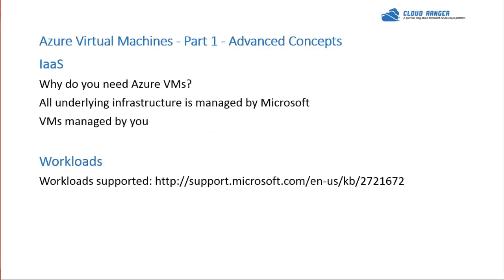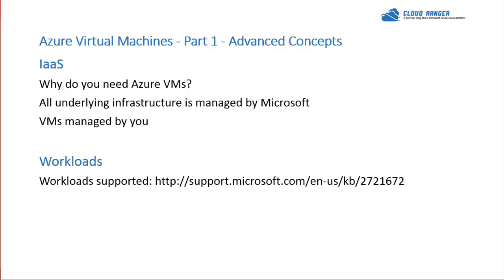Okay, so the first thing we want to talk about is infrastructure as a service, because cloud is all about PaaS, platform as a service, SaaS, software as a service, and you have IaaS, which is infrastructure as a service. And virtual machine tightly couples into the entire infrastructure as a service offering that's provided by Microsoft Azure.